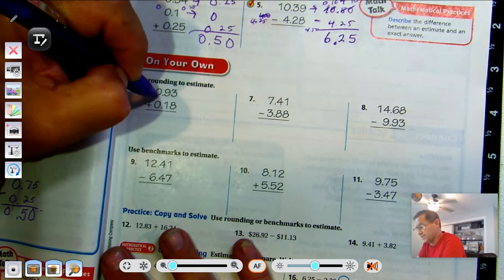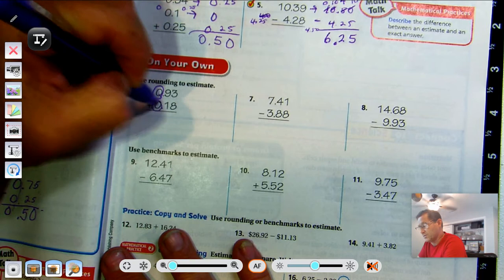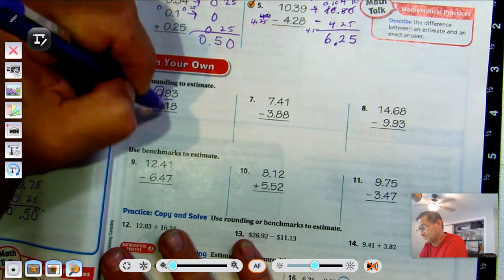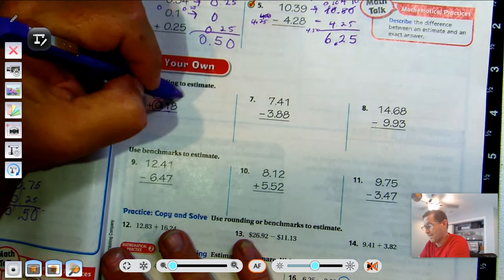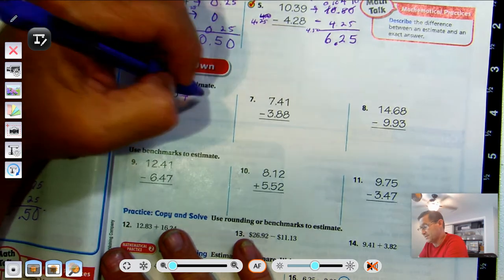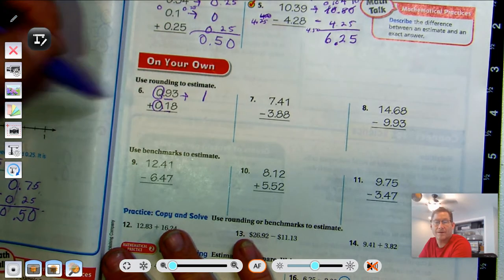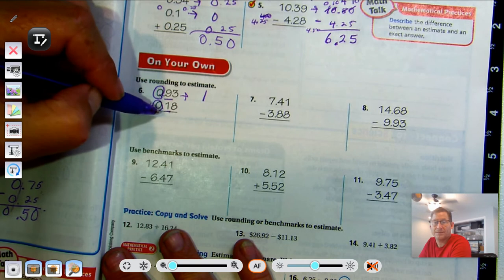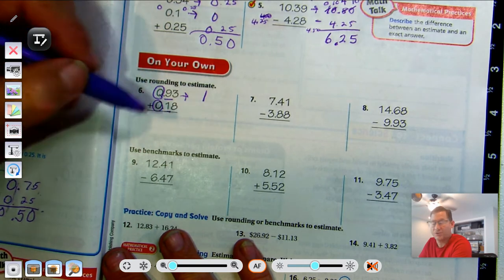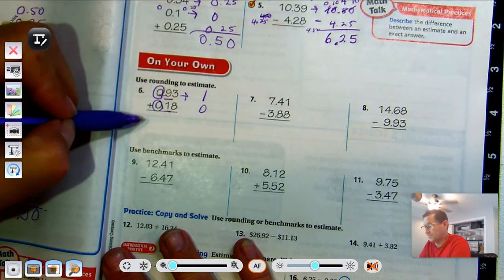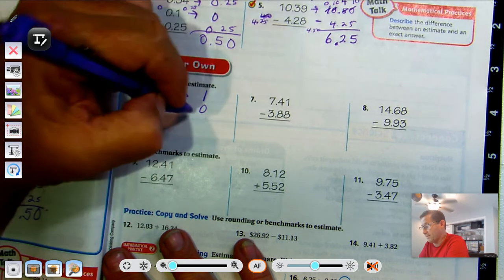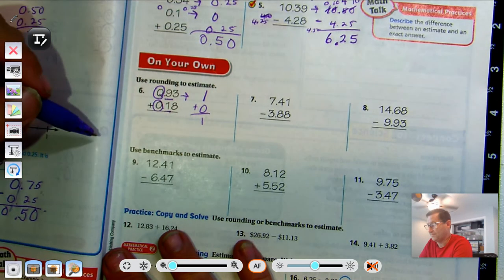So if I was rounding to the nearest 1, I would change 93 hundredths to 1, and I would change 0 and 18 hundredths to 0. And then I would add that, I get 1.